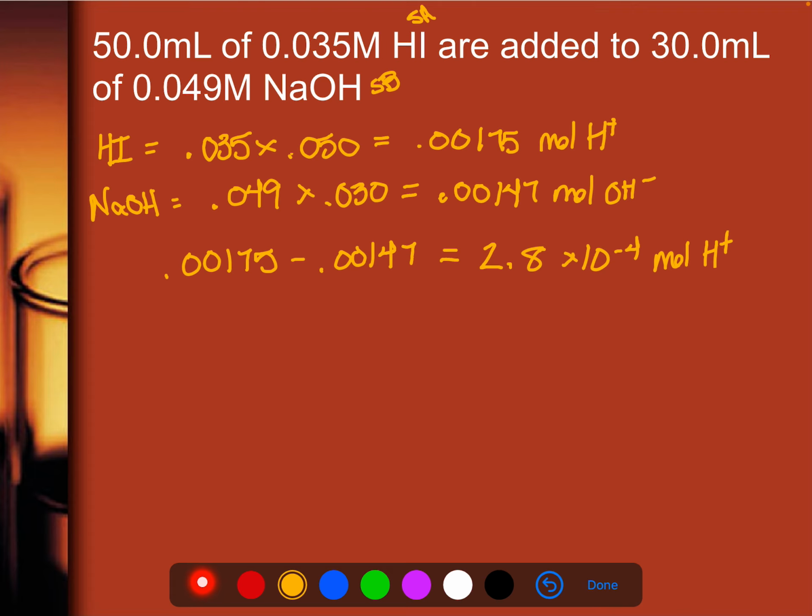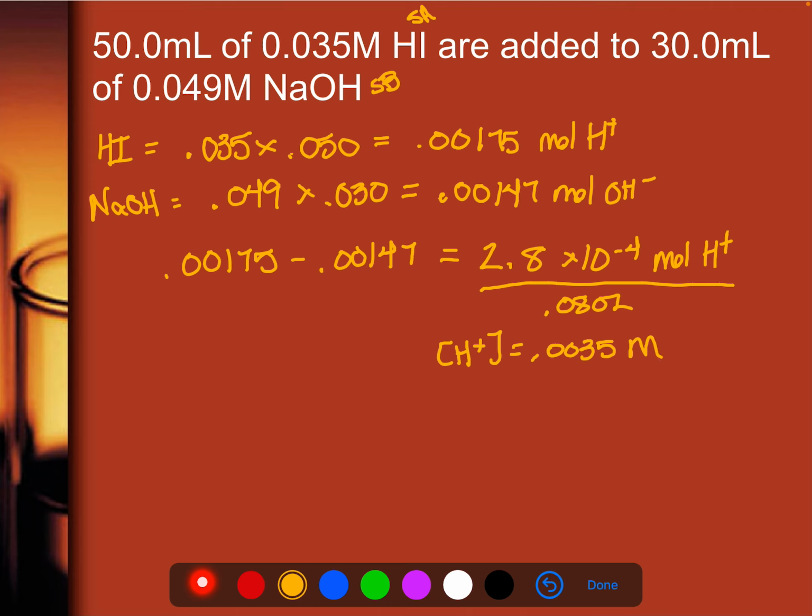So now that we know what moles do not neutralize, we said to find the new concentration, we have to divide by the total volume. So 50 milliliters and 30 milliliters is 80 milliliters, so 0.080 liters. That gives us a hydrogen ion concentration equal to 0.0035 molar.